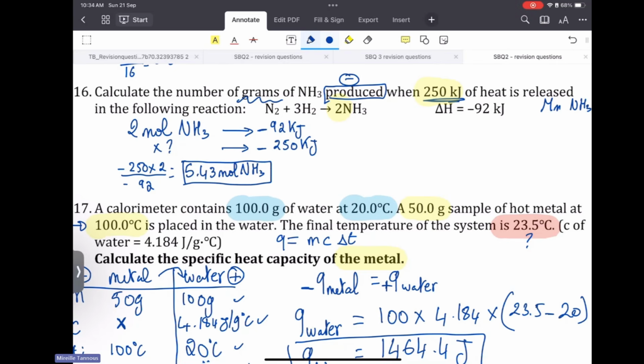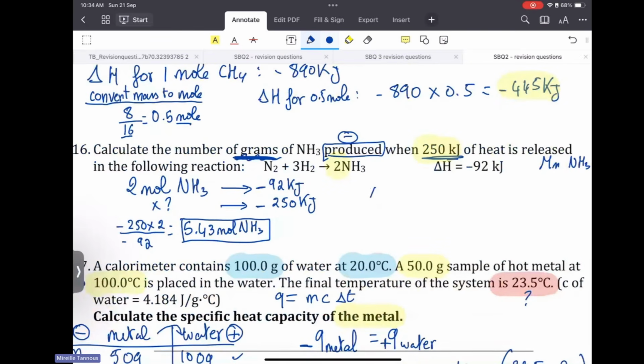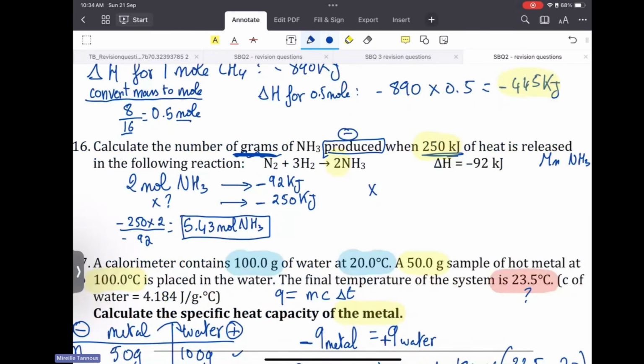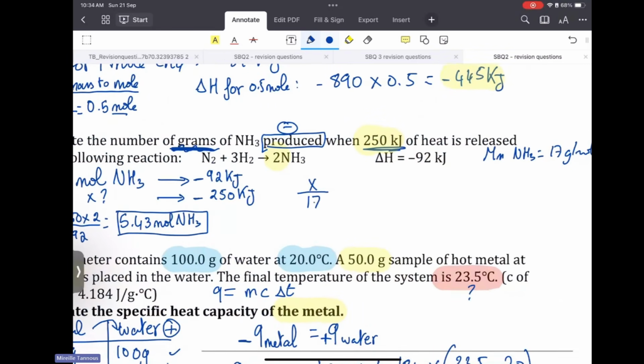Now, they didn't ask for the mole, they did ask for gram. In the previous question, I told you if a gram is given, you divide the gram by the molar mass, you get the mole. So here, the mass is not given, but the mass is divided over the molar mass, which is 17, and it will give me the mole required.